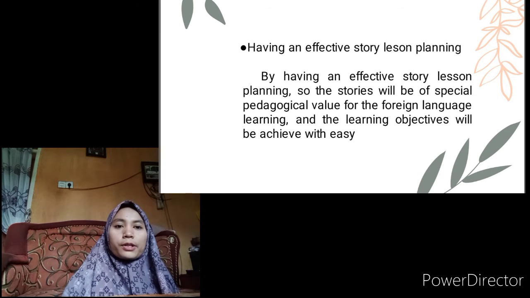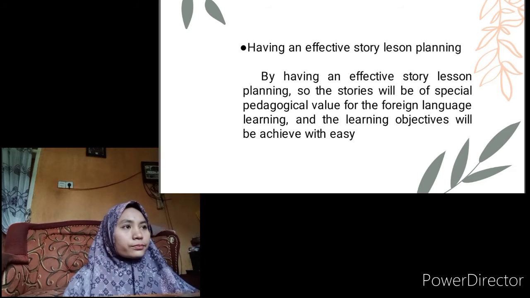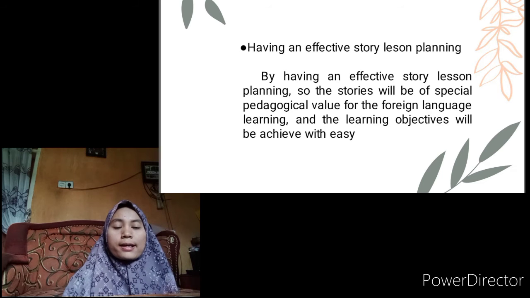So it can be concluded that we as teachers must make the story lesson planning effective, and then if the story lesson planning is effective, the learning objective will be achieved with ease.